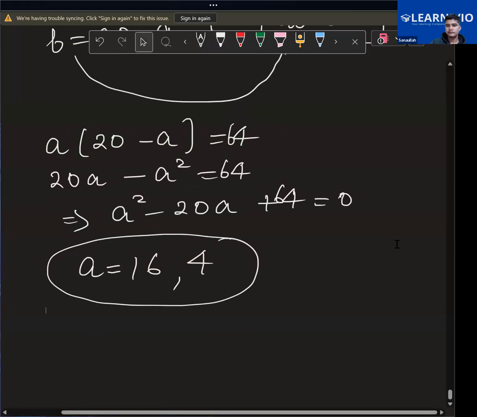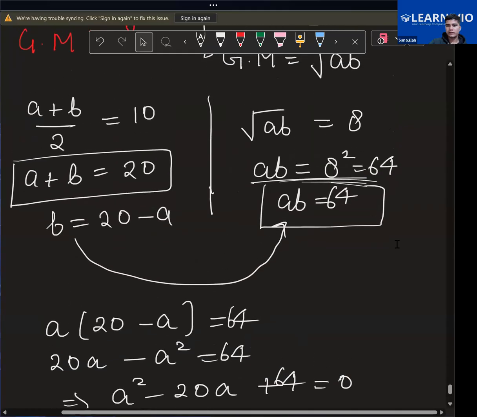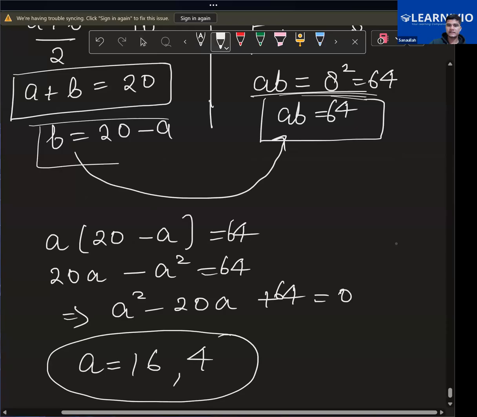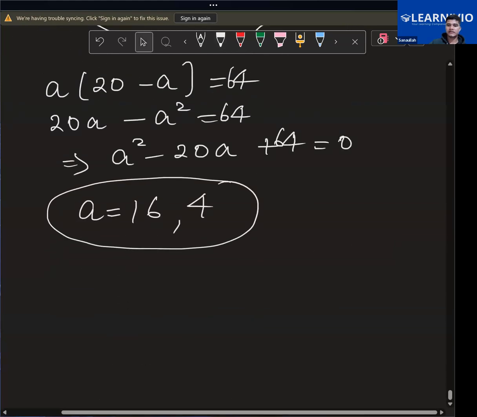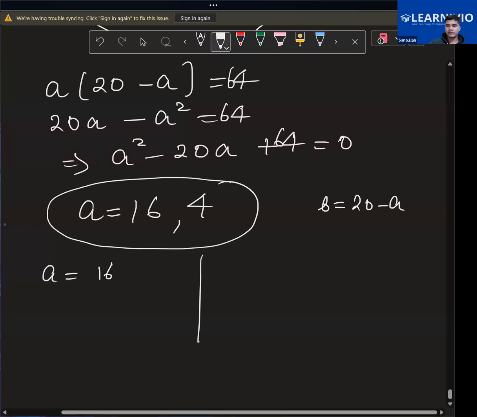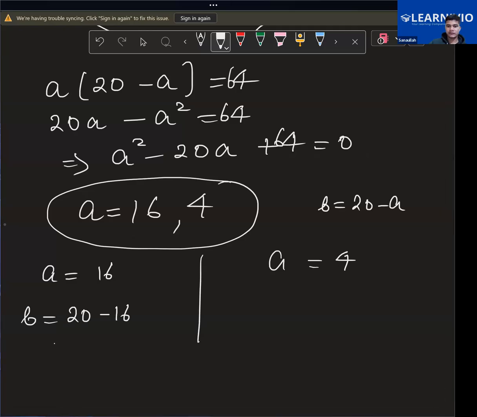And once you get a equals to 16 and 4, then you can put it in b equals to 20 minus a. For a equals to 16, what will you get? b is equal to 20 minus a, right? For a equals to 16, if you put it, and for a equals to 4, b will be 20 minus 16, that is 4.